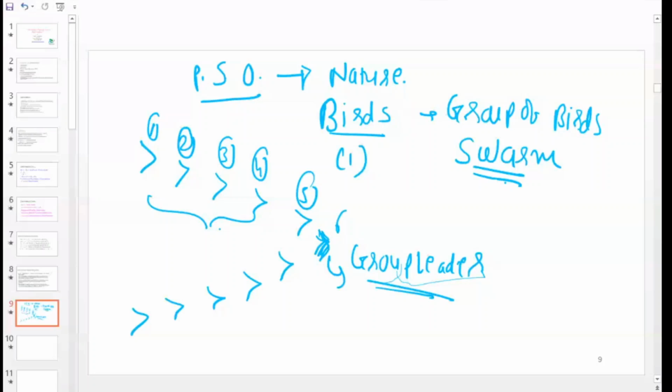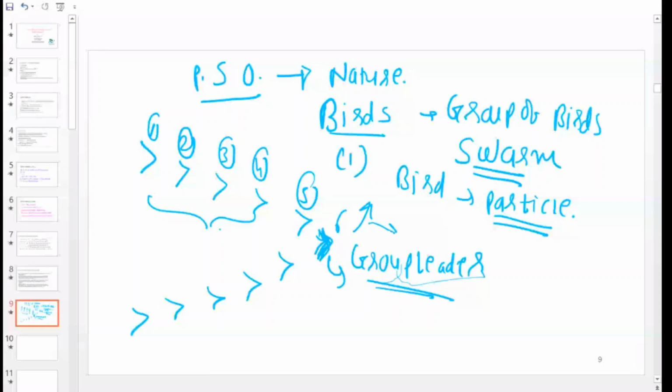So there is a group leader, and the group leader will change its velocity as well as direction to find the food source, right? These birds are flying to find the food source. Also, every bird will follow this group leader.